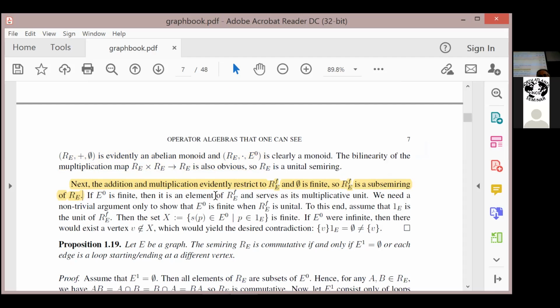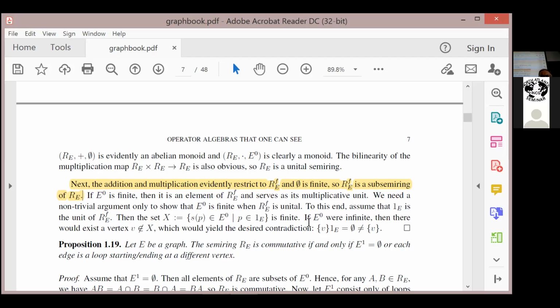What is not in general contained in the restricted part is E0, because if E0 is infinite, then it's an infinite subset, not a finite subset. And here RF is defined as taking only finite subsets of FPE. Okay, so addition restricts, multiplication restricts, and the neutral element for addition is in the restricted subset.